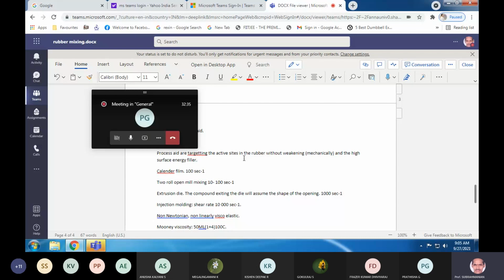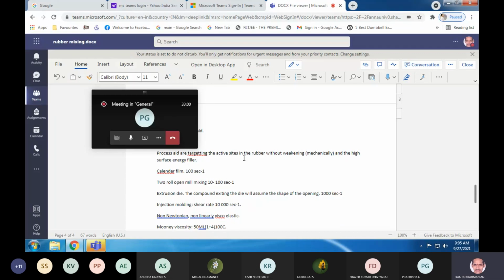And L stands for the size of the rotor wheels. So L is a large rotor. In some cases, we use a small rotor, so it becomes MS. And 50 implies the reading from the Mooney viscometer.